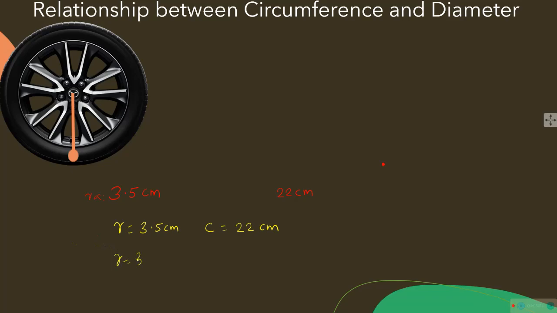When radius is 3 centimeter, the circumference obtained is 19 centimeter. Let me think about the diameter. Here it is 7, and here the diameter is equal to 6, right? That way I am getting.